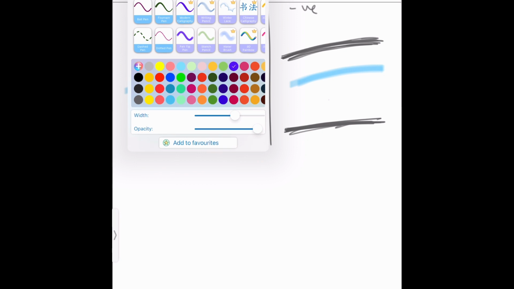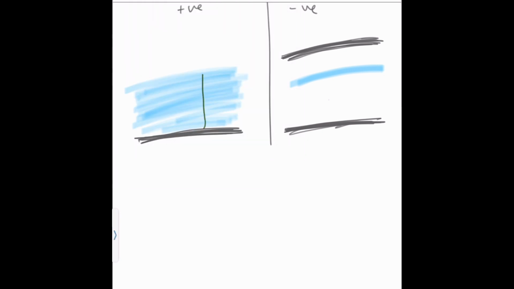Both can have it, and this is teichoic acid. Clear? And this space is the periplasmic space. This is the basic structure. Now we'll discuss more about it.